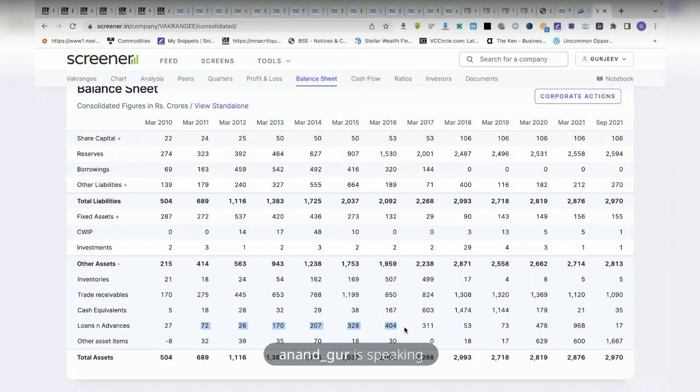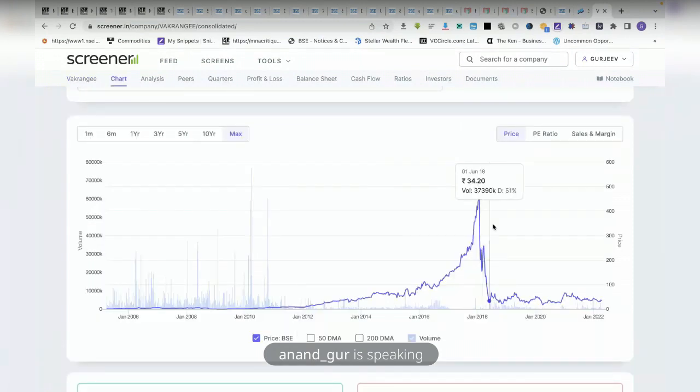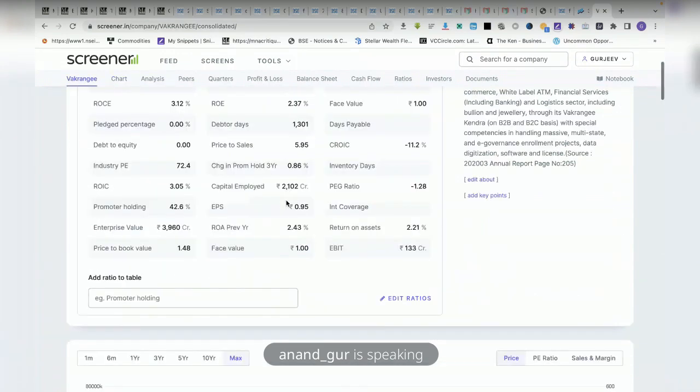Accounting jugglery. And once your accounting jugglery goes bad, see what happens. From 500, the stock price tentatively went to 0. This company was 50,000 crores market cap, 60,000 crores market cap. Today the market cap is 3,000 crores, 4,000 crores.